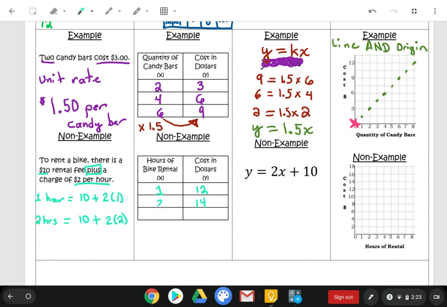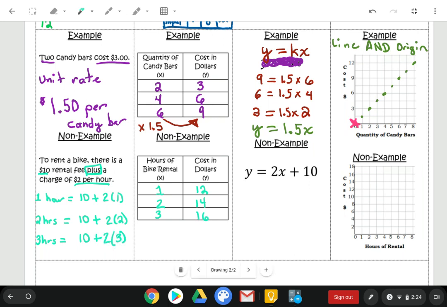So for 2 hours, I'm going to end up paying $14. Let's look at 3 hours. So I still have to pay that $10 rental fee, and I'm still paying $2 an hour, but this time I'm renting my bike for 3 hours. So 2 times 3 is 6, plus that $10 is 16.